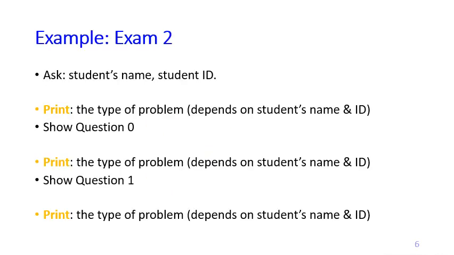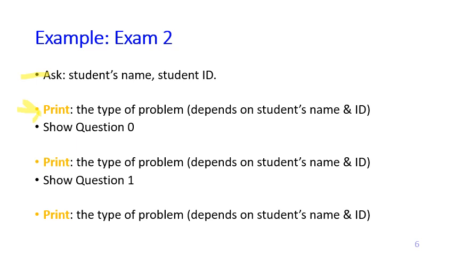Now we have another program. Let's call this the exam2 program. The first thing is the same as before, asking the student's name and student's ID. However, the information that this code prints out is different from the previous one.